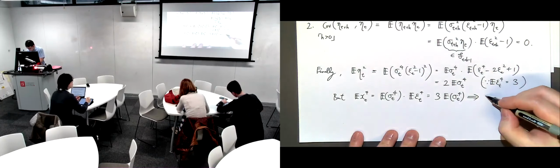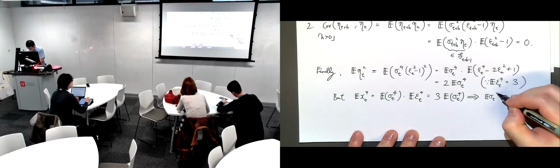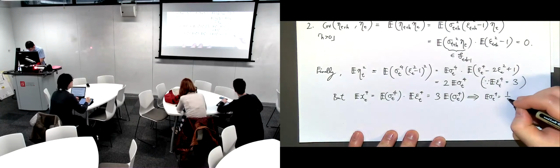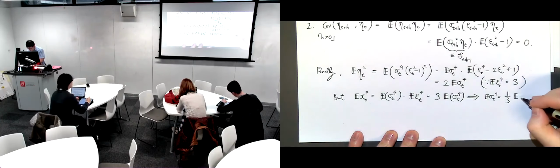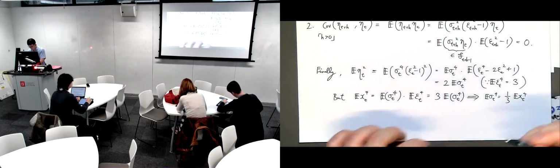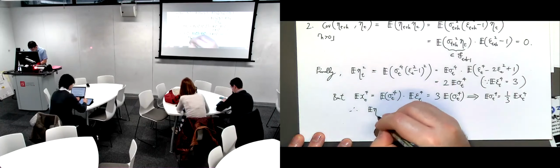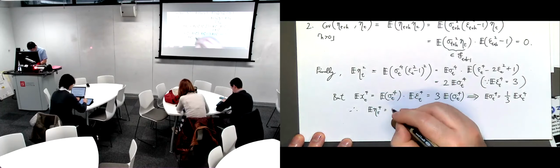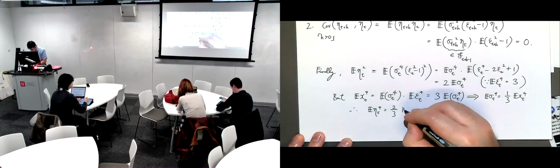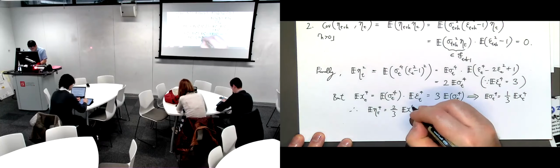Which means that expectation of sigma_t to the power 4 is actually 1/3 of expectation of x_t to the power 4. And therefore, your expectation of eta_t squared is 2/3 of expectation of x_t to the power 4.